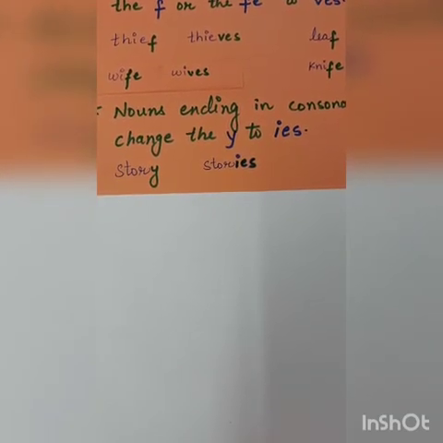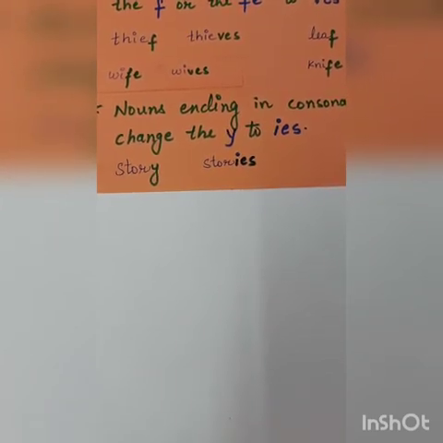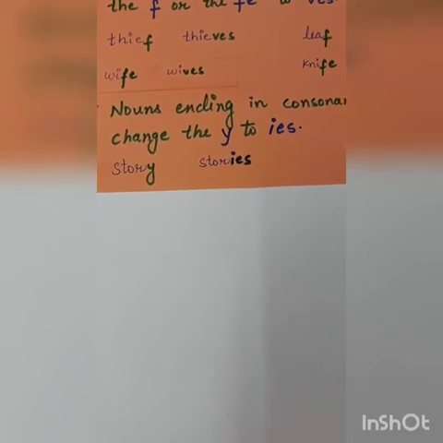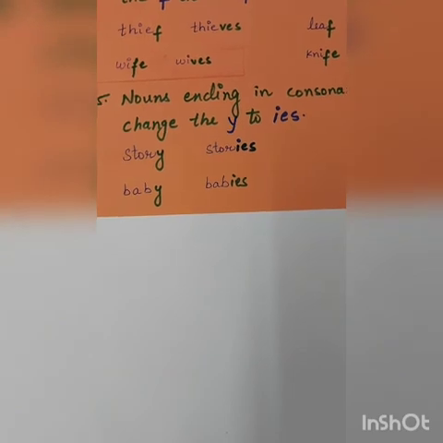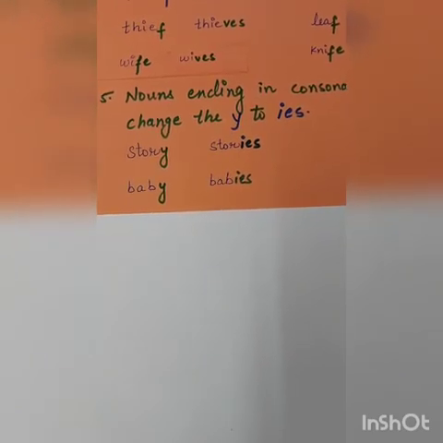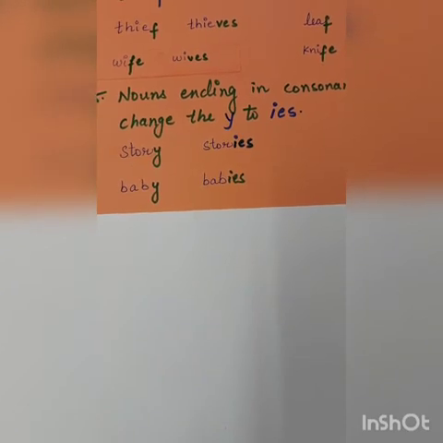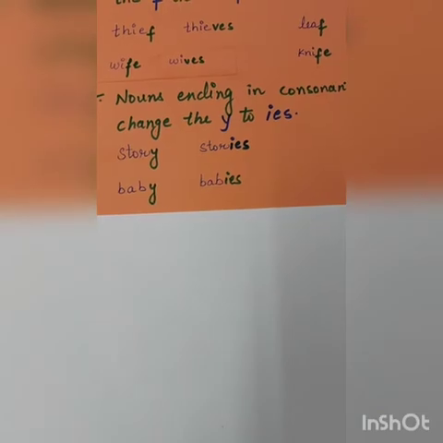So the plural of story is stories. So instead of Y, we have added IES to the plural. We have changed the Y to IES. Same goes for the noun baby. Here again, we have changed Y to IES, and the plural of baby is babies.